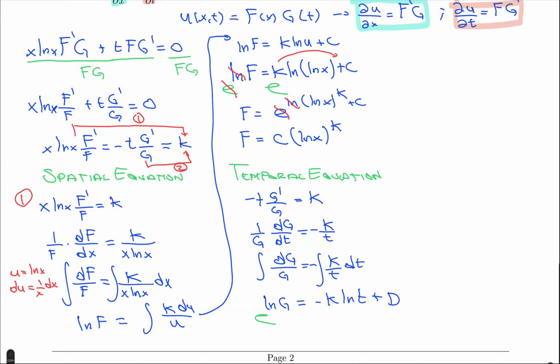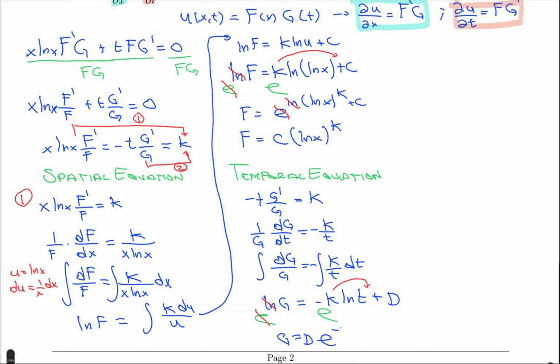Exponentiate both sides on the base e. That is g equals e to the... can we cancel e with ln over here? Not yet. So first, let's move the negative k and make it the exponent of the argument of ln, which is the t in this case. And e to the d is just another d.